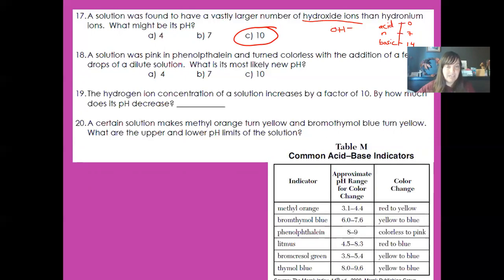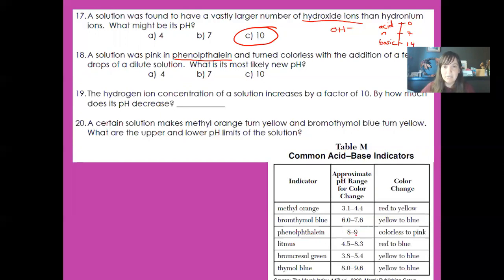A solution was pink in phenolphthalein and turned colorless with the addition of a few drops of a dilute solution. What is its most likely new pH? Okay, so let's look at our common acid base indicators. Phenolphthalein, it says it was pink, so that means it has a pH of 9 or above. Then it turned colorless with a few drops of a dilute solution.